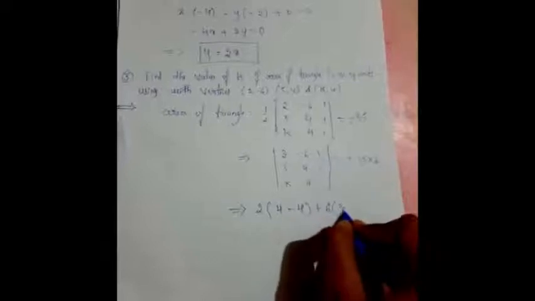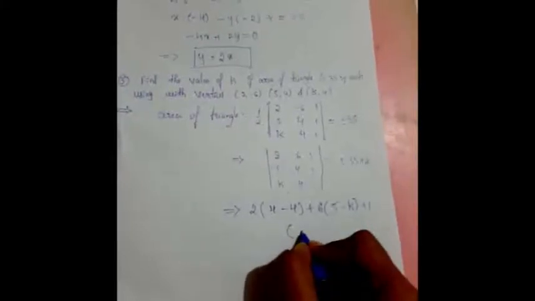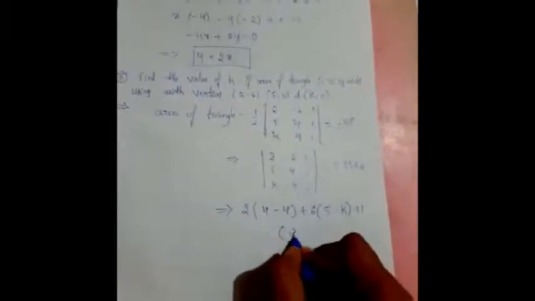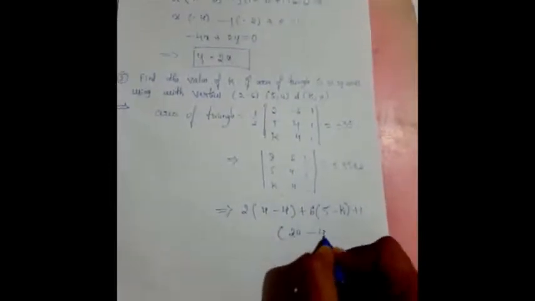Plus, it should alternate, so that minus and this minus become plus, and 6 into 5 minus k. Next plus 1 as it is, 5 into 4 is 20 minus 4k, equal to plus or minus 35 into 2, you will get 70.